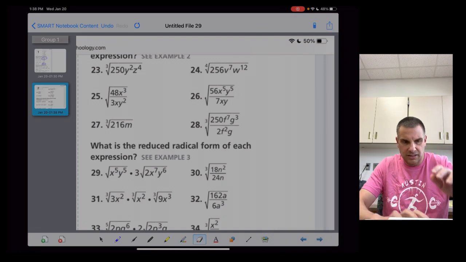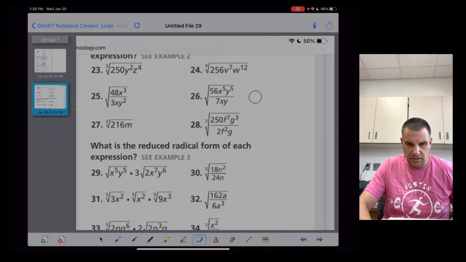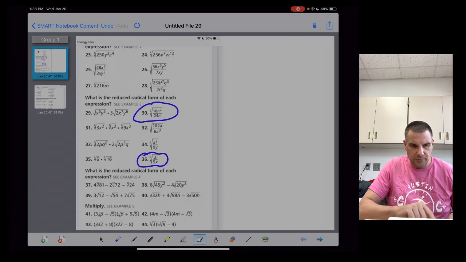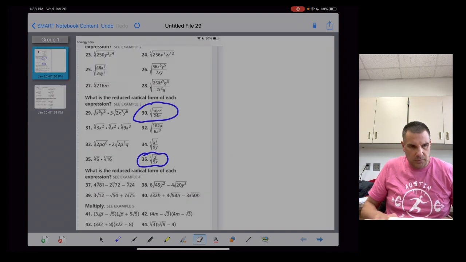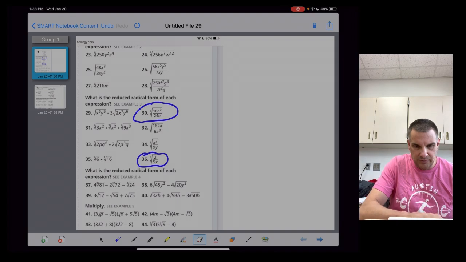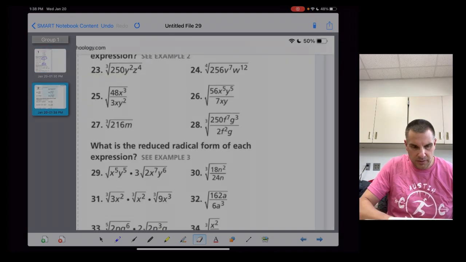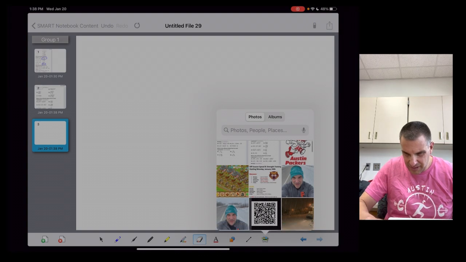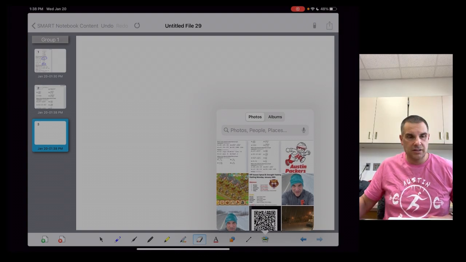I'll set this down again, unedited version. Sorry, you get what you get. We've done all of those already, it looks like. I know there's a division one in there that I wanted to look at. Let's add another page. Maybe they didn't have any of the division ones in there.